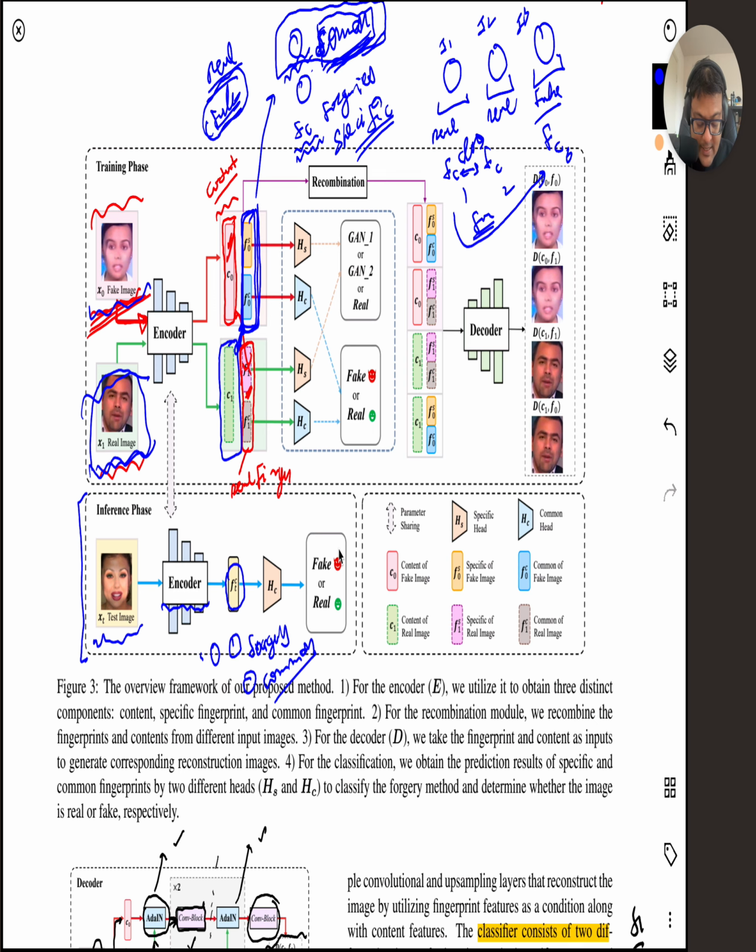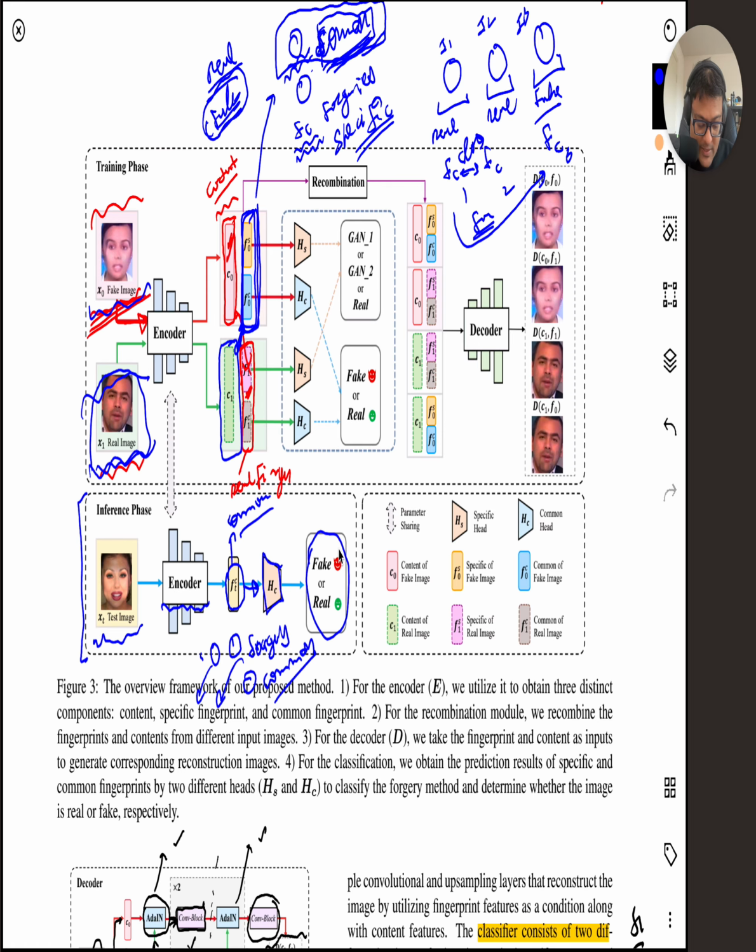They only take this common feature, decode it through their classification head, and classify it as fake or real. They are not doing anything with the content feature and forgery-specific feature during inference. They're only using the common feature to classify.